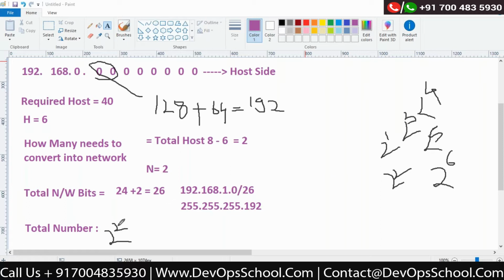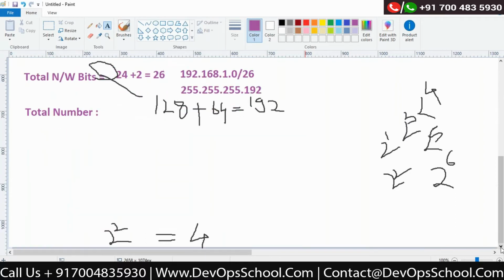The formula is 2 raised to N for the total number of networks we require. So how many networks am I getting from this network? It would be 4, correct.